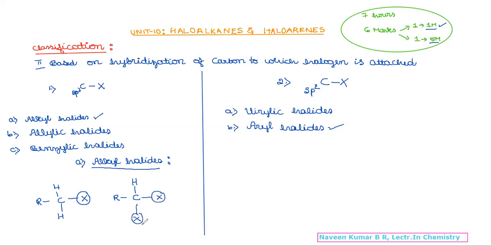And we'll take another one, assume all the hydrogen atoms are replaced by halogens. So we can call these mono, di, and tri or polyhalogen compounds.